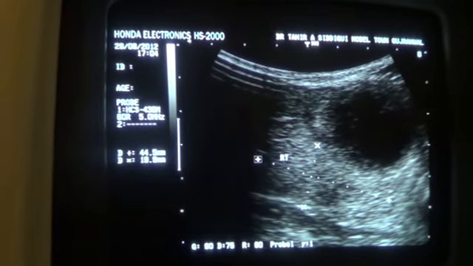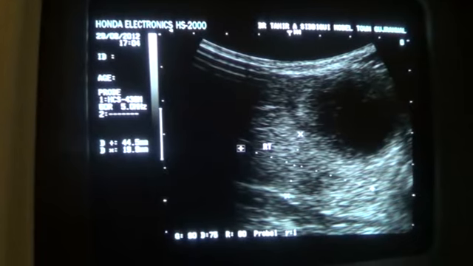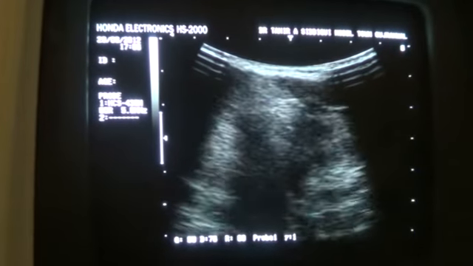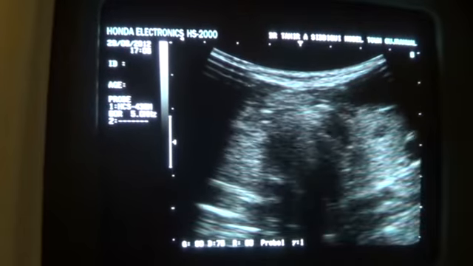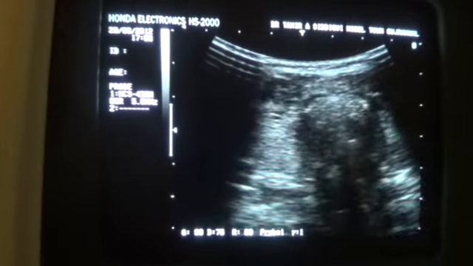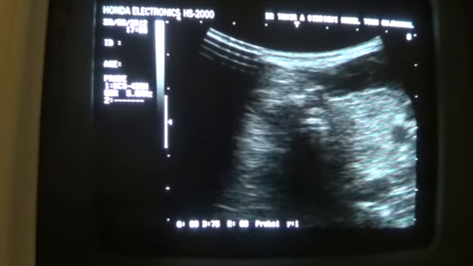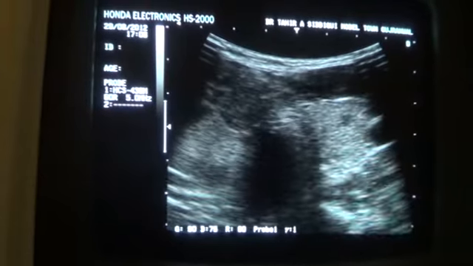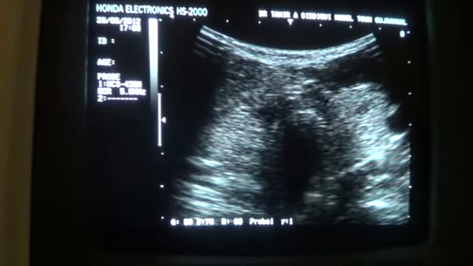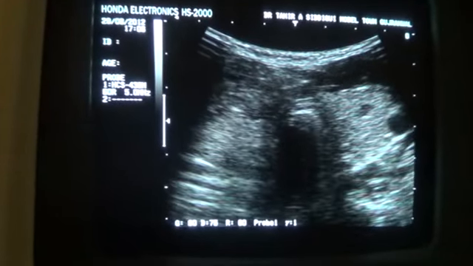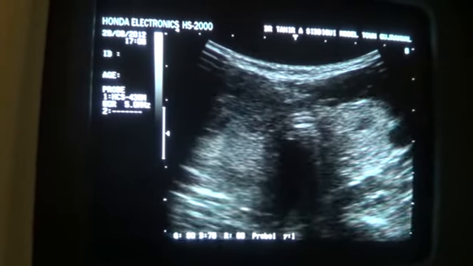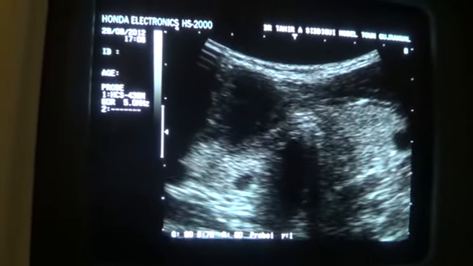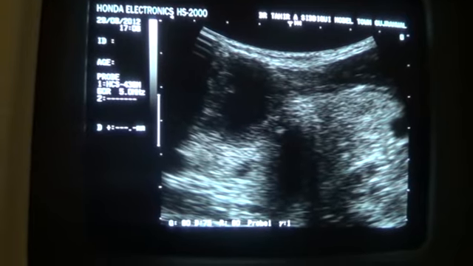And so now I am going to scan in this position, in this way, I see the thyroid. Now this is the common carotid artery in this case.